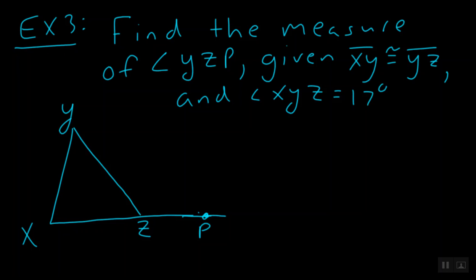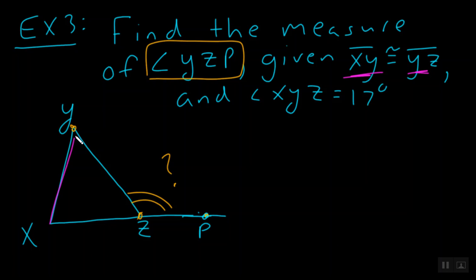Okay, here in example 3, it says find the measure of angle YZP. And guys, as you go through these, I would always ask you to label this. So I see that from Y to Z to P, basically we're saying, hey, how big is this exterior angle going to be? Now we are also given this. We're given that XY is congruent to YZ.